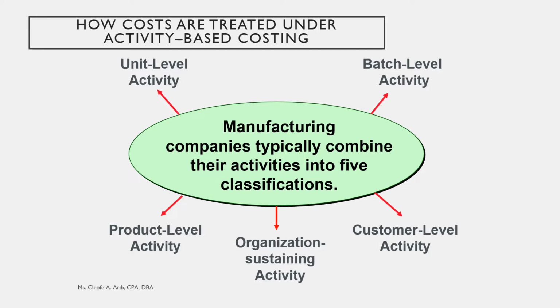Customer level activities relate to specific customers and are not tied to any specific product. And lastly, organization sustaining activities are carried out regardless of which customers are served, which products are produced, how many batches are run, or how many units are made.